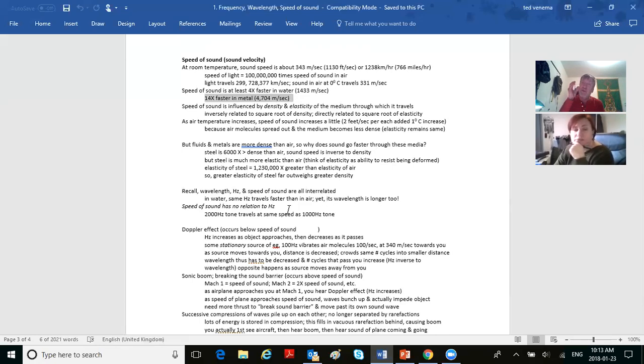So even though sound waves go slower the more dense an object is, they go faster the more stiff an object is. And the stiffness of steel compared to air far outweighs its greater density compared to air. That is why sound goes faster through steel than it does through air.